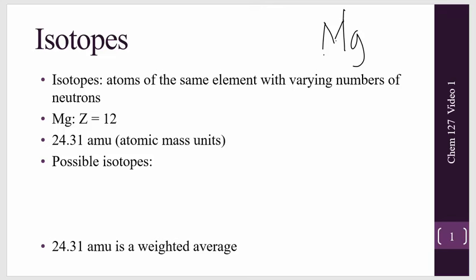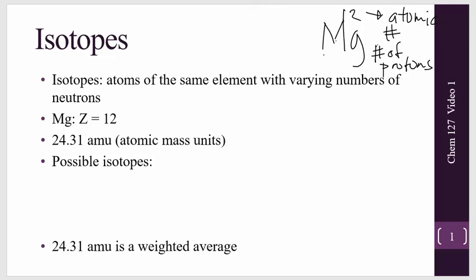One of them is 12, and you probably remember that this is the atomic number, and it is the number of protons. So all magnesium atoms will have 12 protons total.